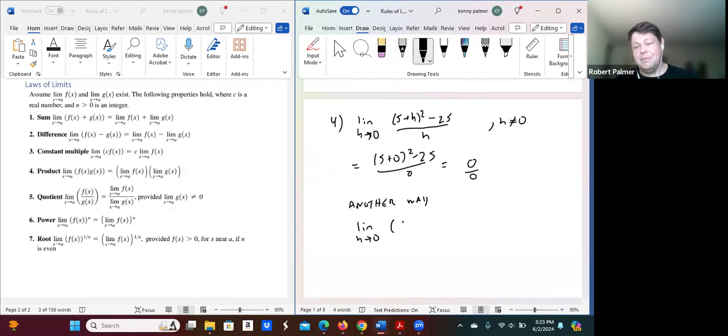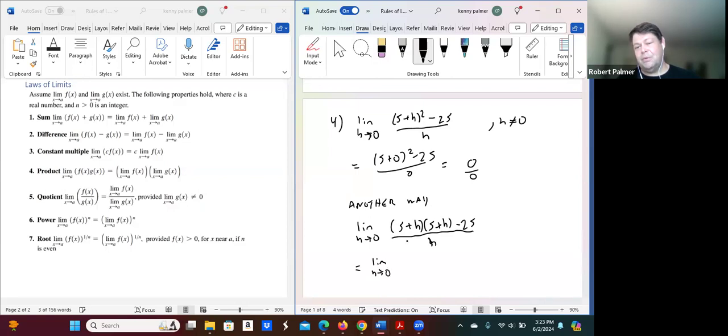So this is going to be 5 plus h times 5 plus h, minus 25. Those are h's. You do better h's, they might look like b's to some people. Over h. Don't forget the limit part.